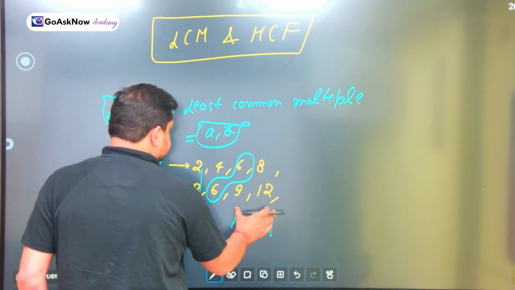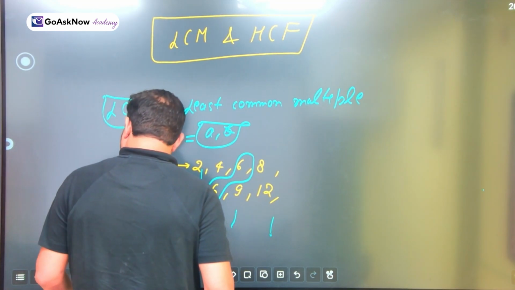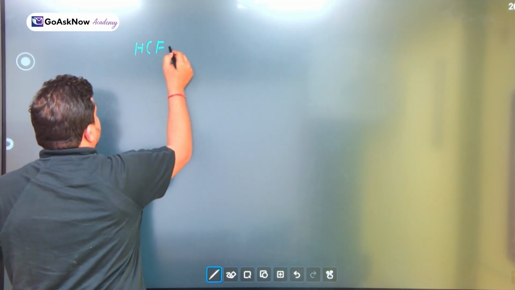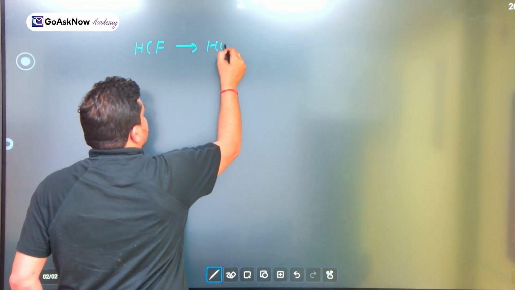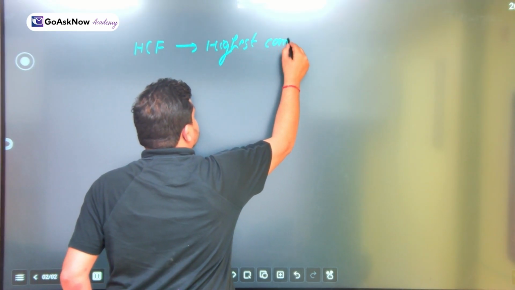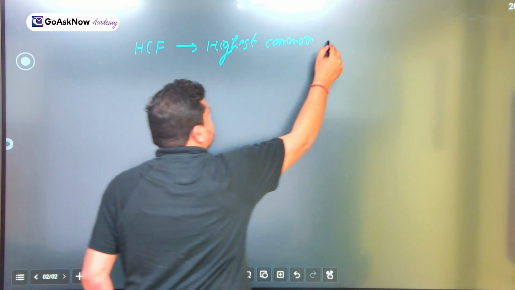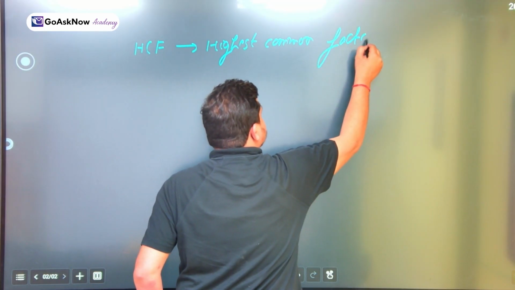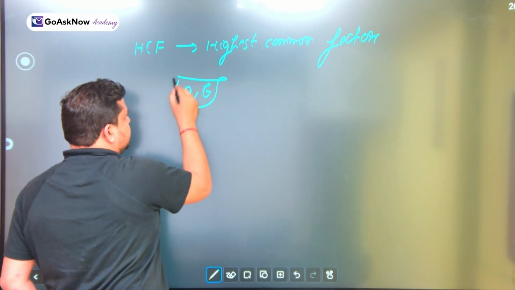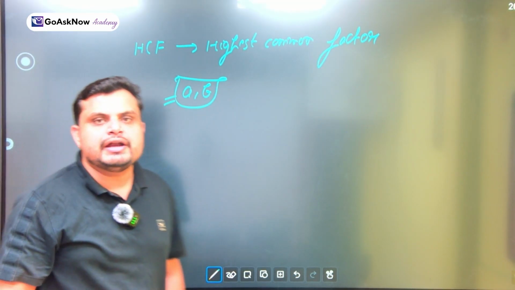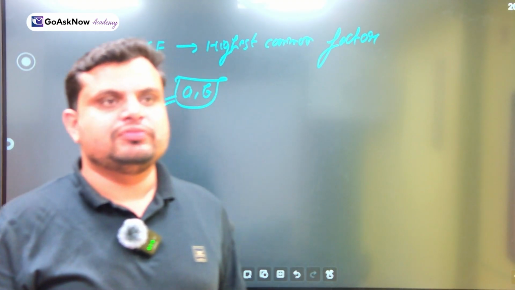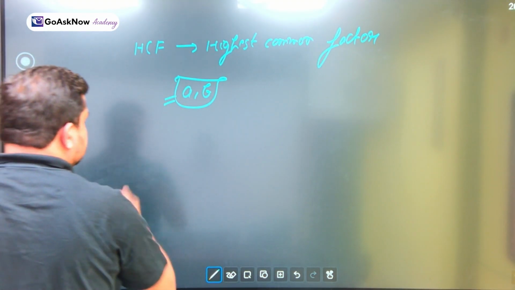Now, if we discuss HCF as well, HCF is called highest common factor. Suppose there are two numbers A and B, then the greatest number which divides both A and B is called the highest common factor of those numbers.